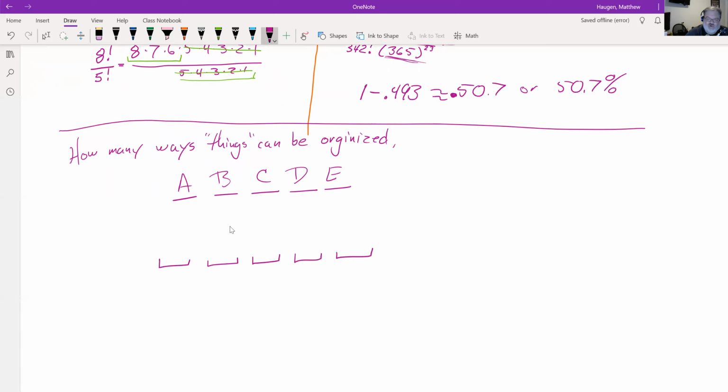One of the parts of our question is going to be, how many different ways can I arrange these 5 things in those 5 baskets? And we could just try to count them if you wanted to. We could put the A there, the B there, the C there, the D there, and the E there. That's one choice. We could also put the B there, the A there, the C way over there, the D there, the E there.